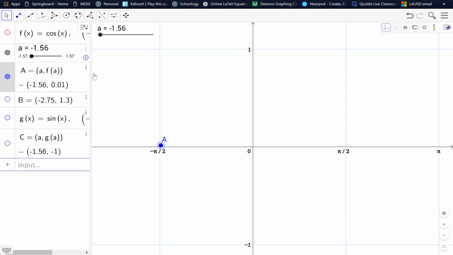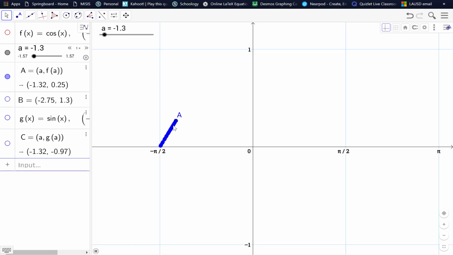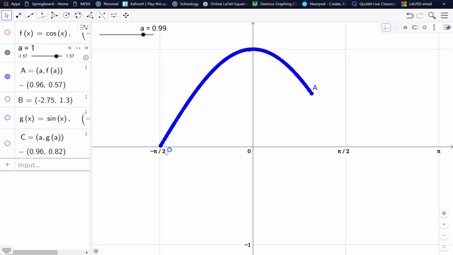Right here, you can see I'm at the minimum value at pi over 2, and if I play this, you can see it getting larger and larger, and then at a certain point, it goes back down because cosine, as we know, increases from negative pi over 2 to 0, and then decreases from 0 to pi over 2. So your maximum value would be right here where the point is at its highest, and your minimums are going to be right here.